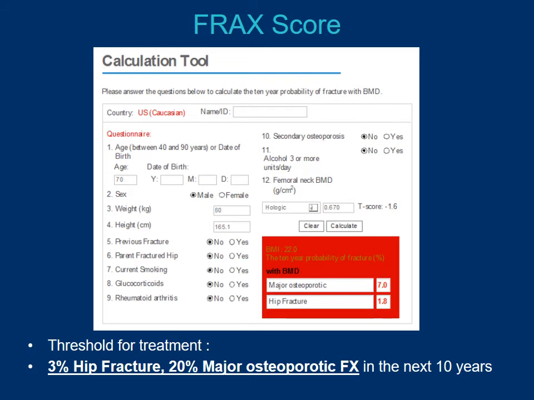The threshold for treatment of osteoporosis is at least 3% for hip fractures and 20% for major osteoporotic fractures in the next 10 years.